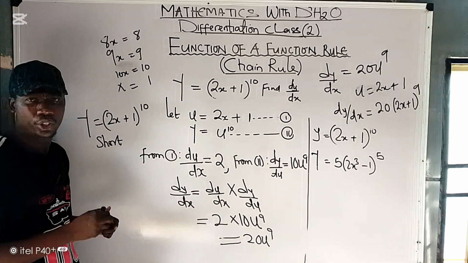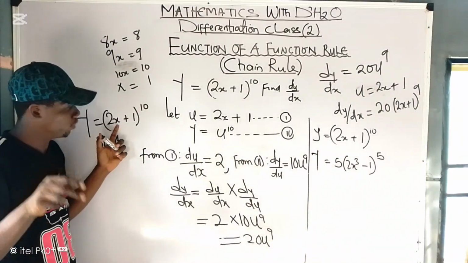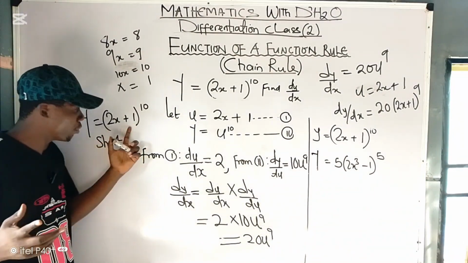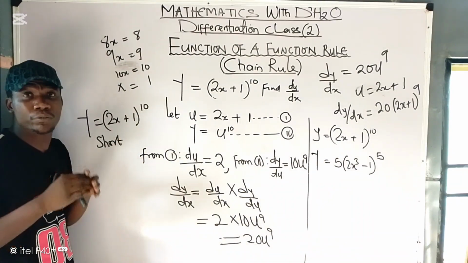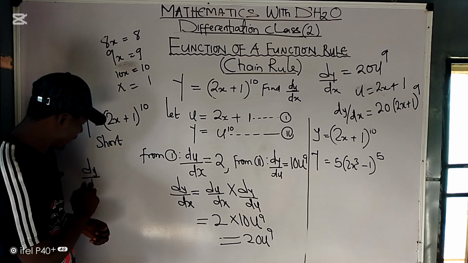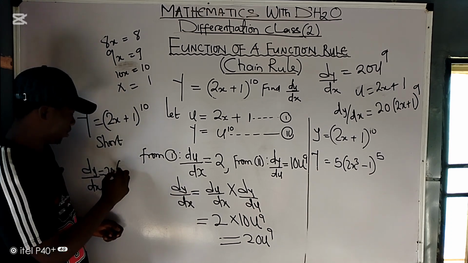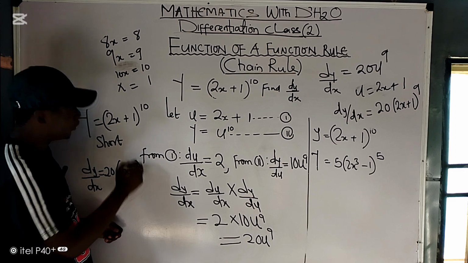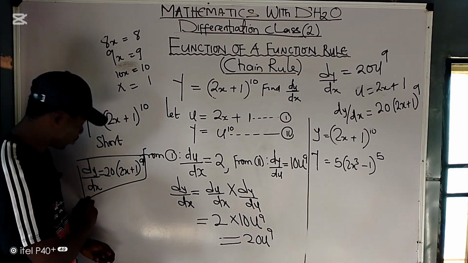Everything here will give you 2, because this 2x will give you 2, and 1 will give you 0. And if you have 2, multiply with this 10. That will give you 20. So you write it down: dy over dx is equal to 20. Bring this bracket back, 2x plus 1. Remove 1 from this one, you get 9. This is the shortcut to the question.